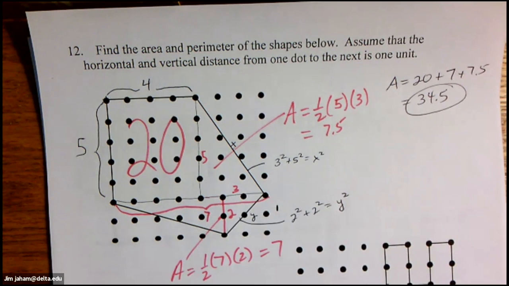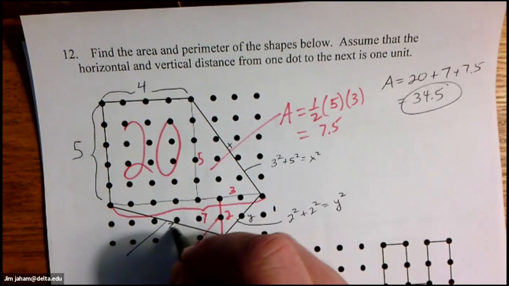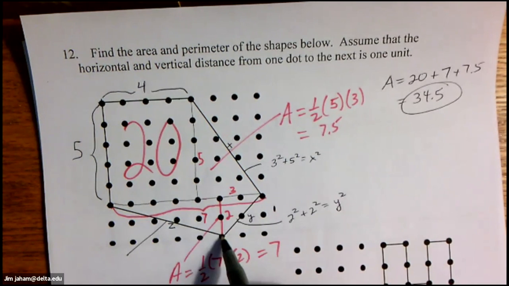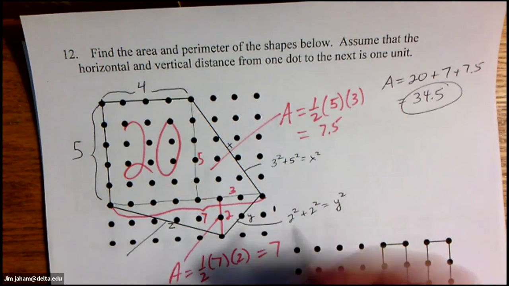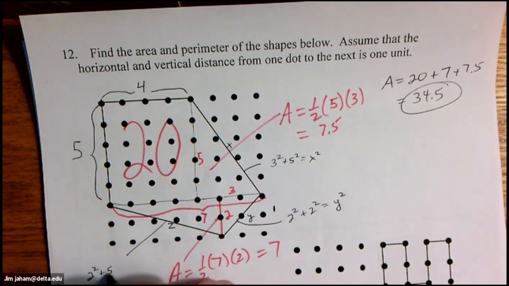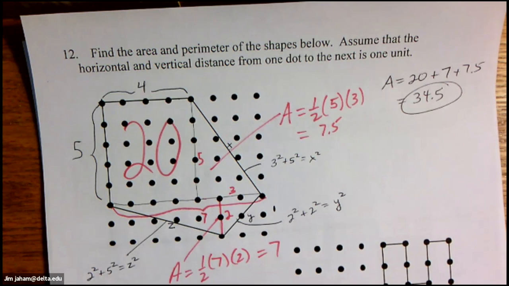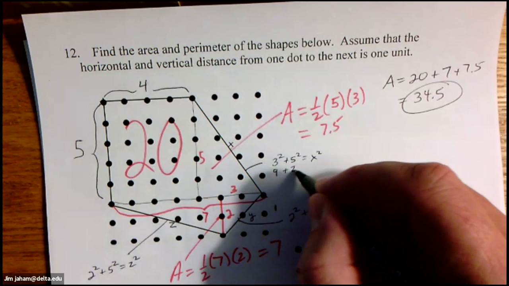That length we're missing. And then over here, we call this z. We have 2 and 1, 2, 3, 4, 5. Okay. So in this triangle here, we have 2 squared plus 5 squared equals z squared. So Pythagorean Theorem 3 times. We still have work to do. We have to solve these equations in each case.